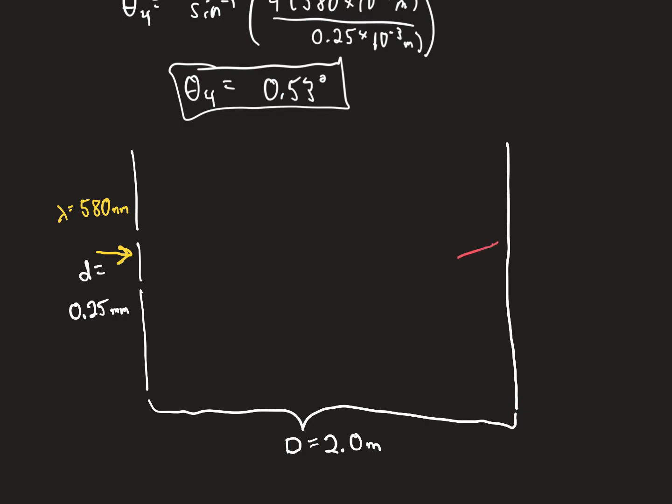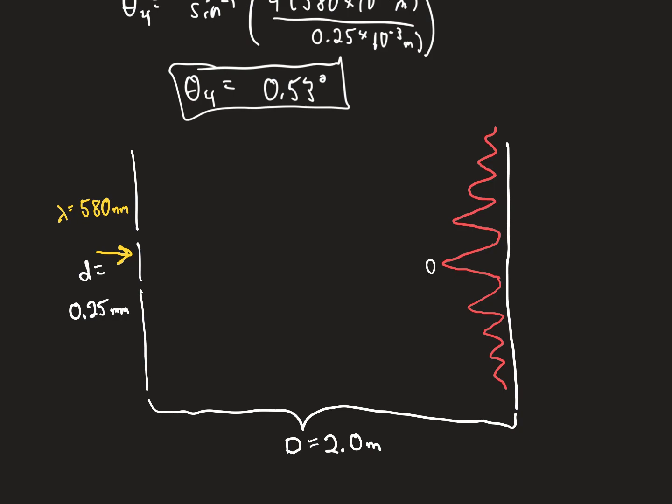So you're going to have a central bright spot, and then a first order, second order, third order, fourth order, and you'll have that on both sides. And what they want you to find is the separation of these two maxima for m equals 3 and 4.